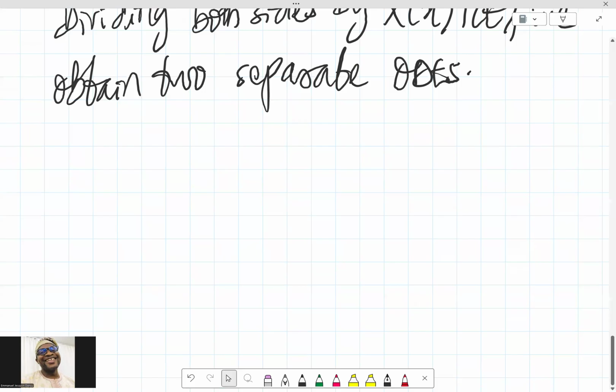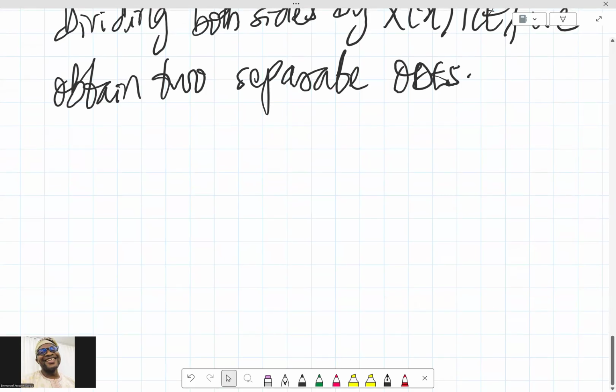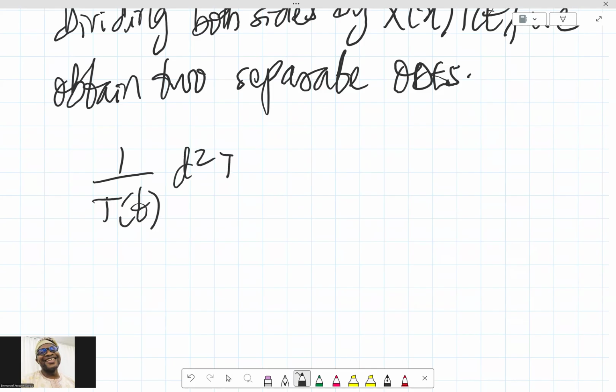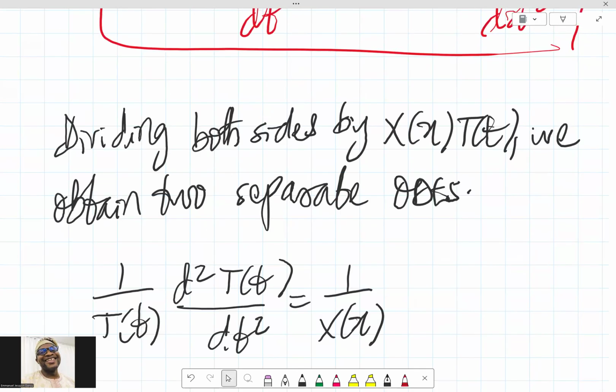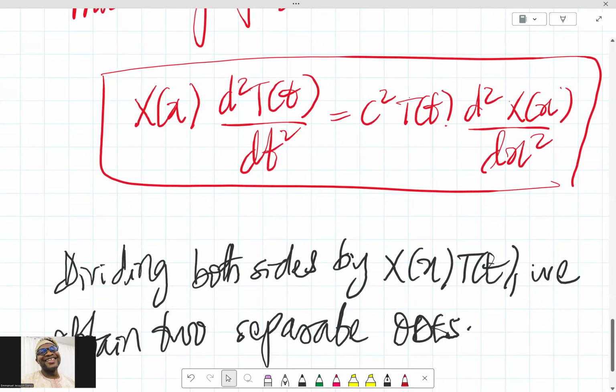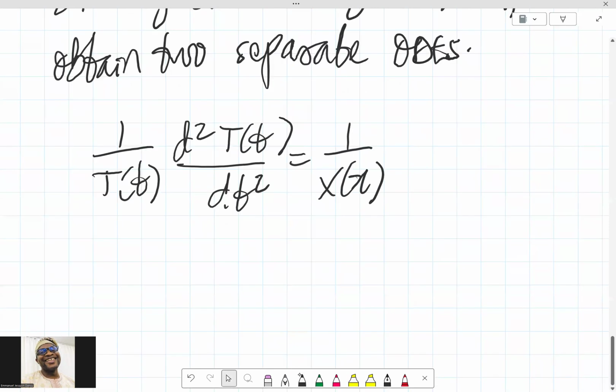So we have 1 over T of t, d squared T of t over dt squared, equals 1 over X of x, d squared X of x over dx squared.